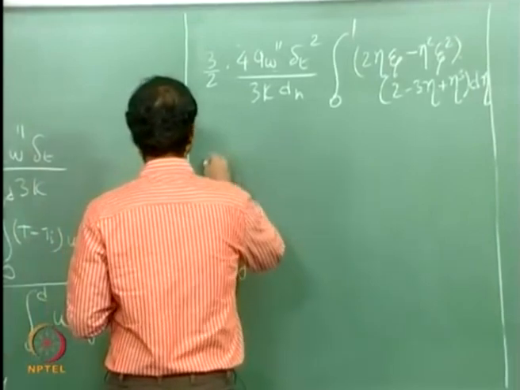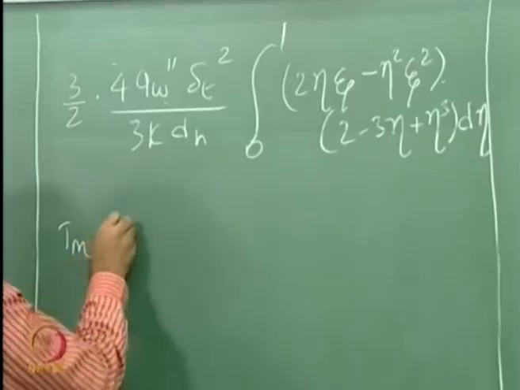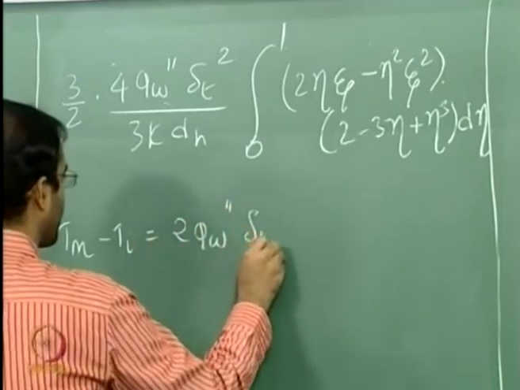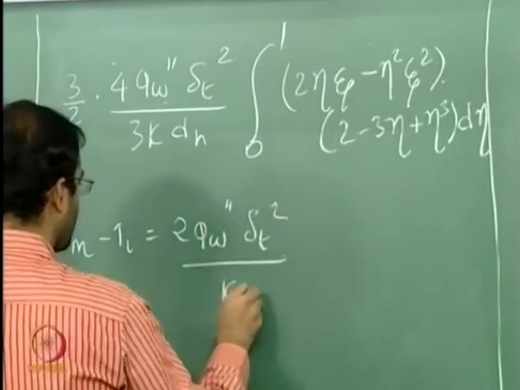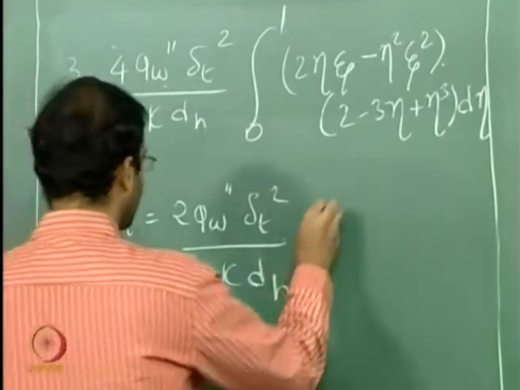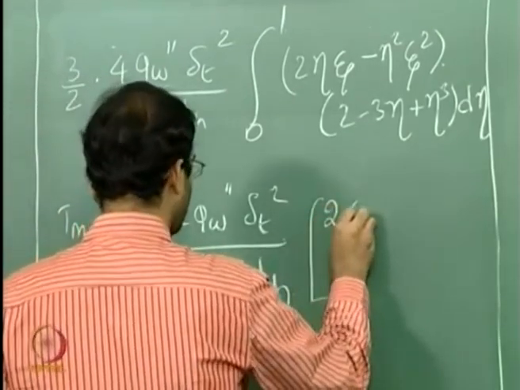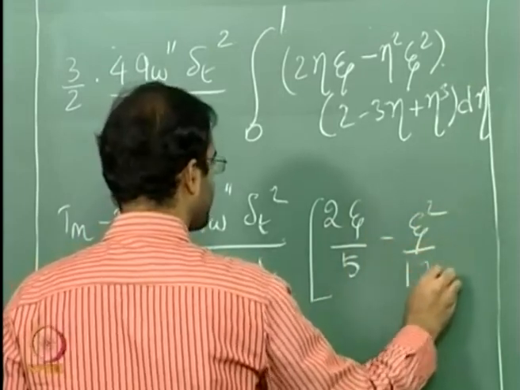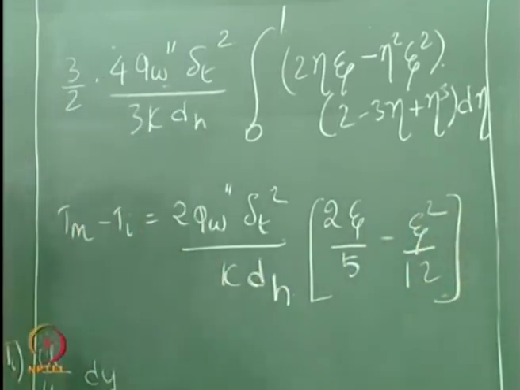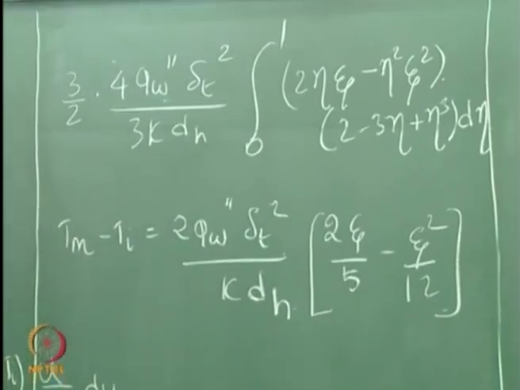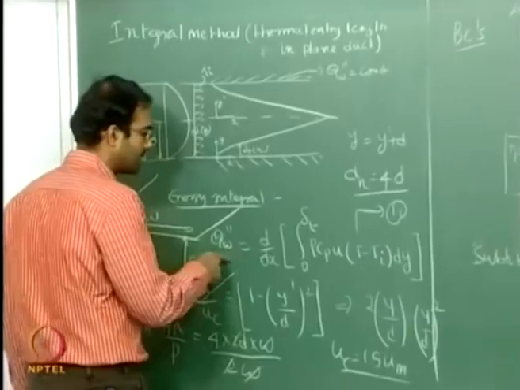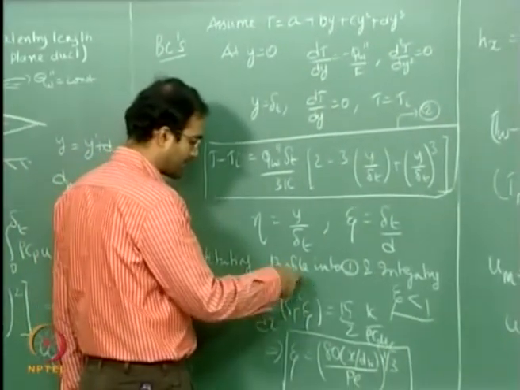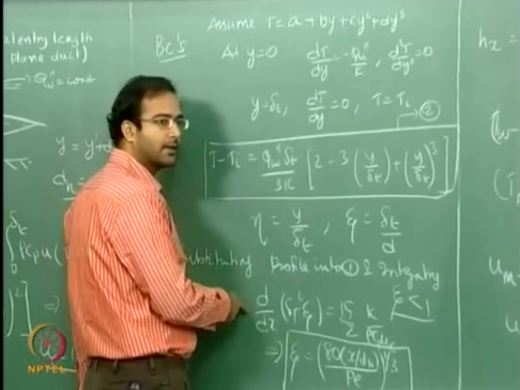So this gives my expression for Tm minus Ti as 2q double prime delta t square by kdh, and I don't now eliminate any higher order terms of zeta. Unlike the case where I substitute into the momentum integral, and there the expression for zeta square is under the derivative d by dx.